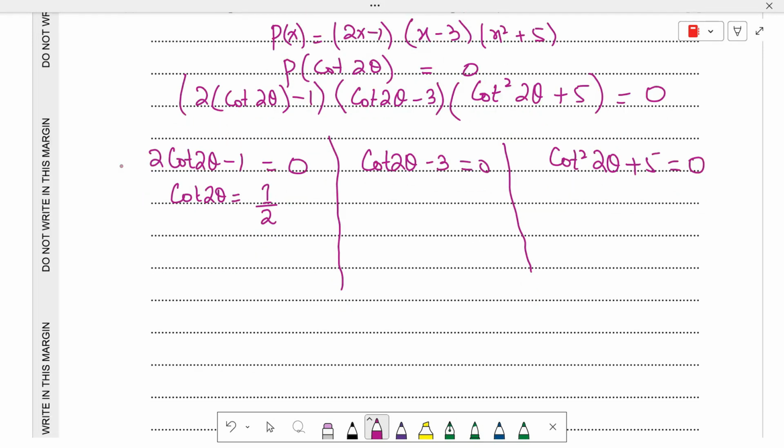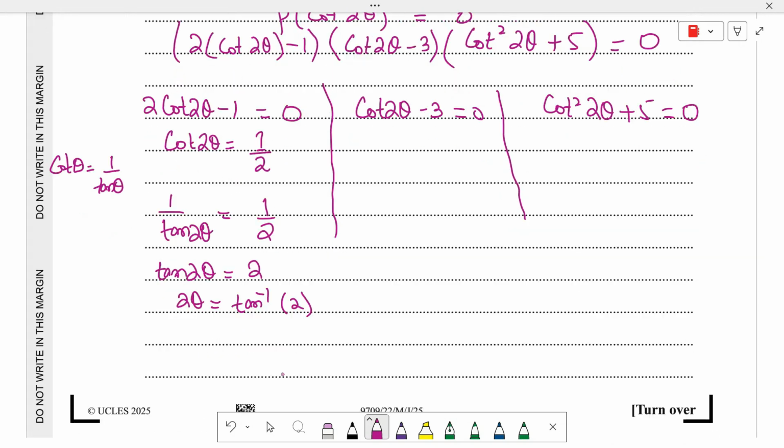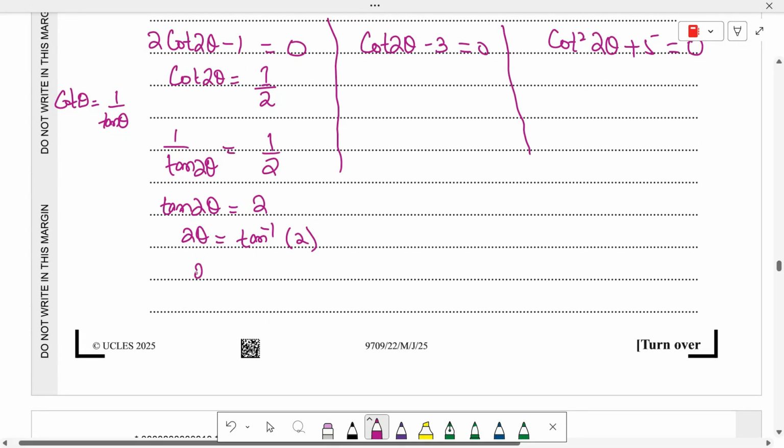We know that cot theta is equal to 1 over tangent theta, so this can be written as 1 over tangent 2 theta equal to 1 over 2, and tangent 2 theta is equal to 2, and 2 theta is equal to tangent inverse of 2. When we use a calculator, we will have the value of 1.1071, and theta will be equal to 0.55.